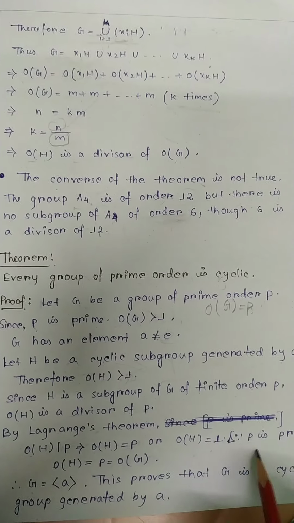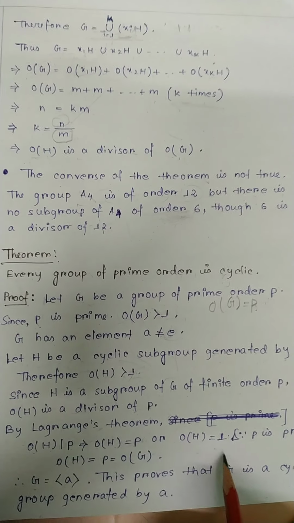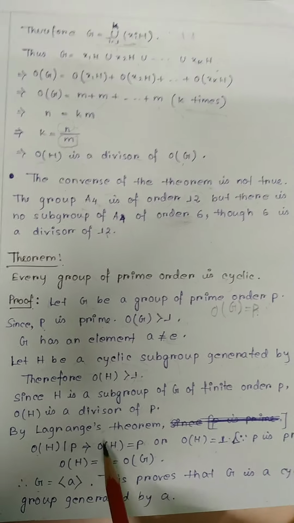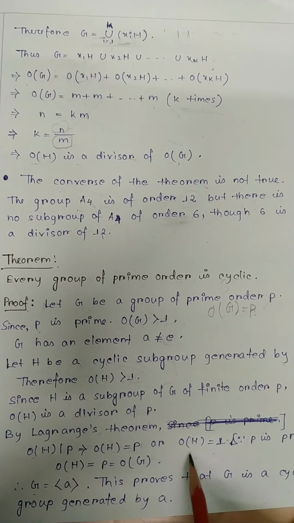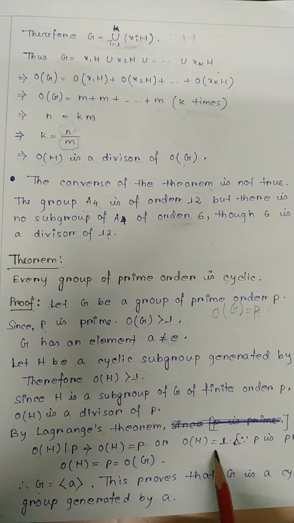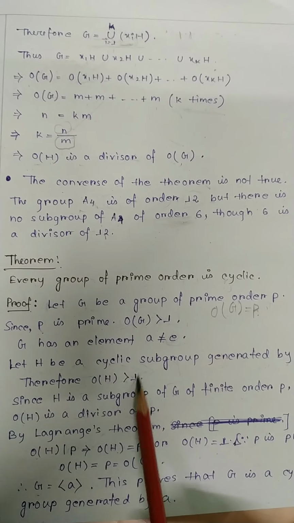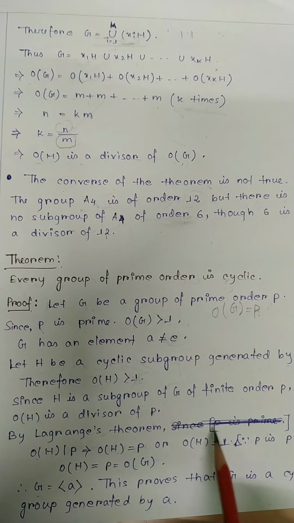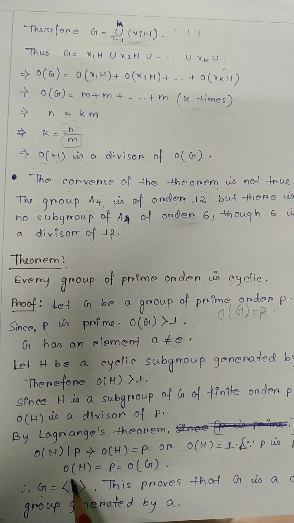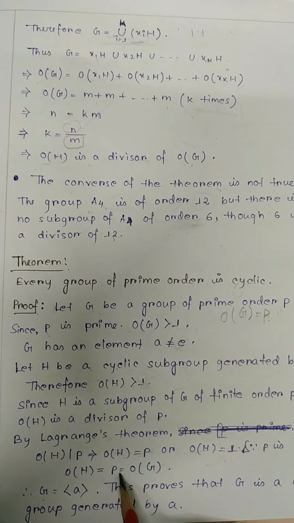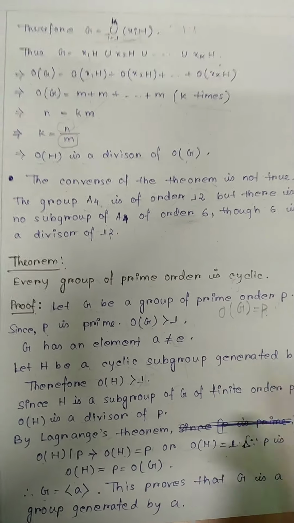As P is prime, it can be divided only by P and 1. As the order of H is greater than 1, it cannot be 1. So the order of H equals P, which equals the order of G.